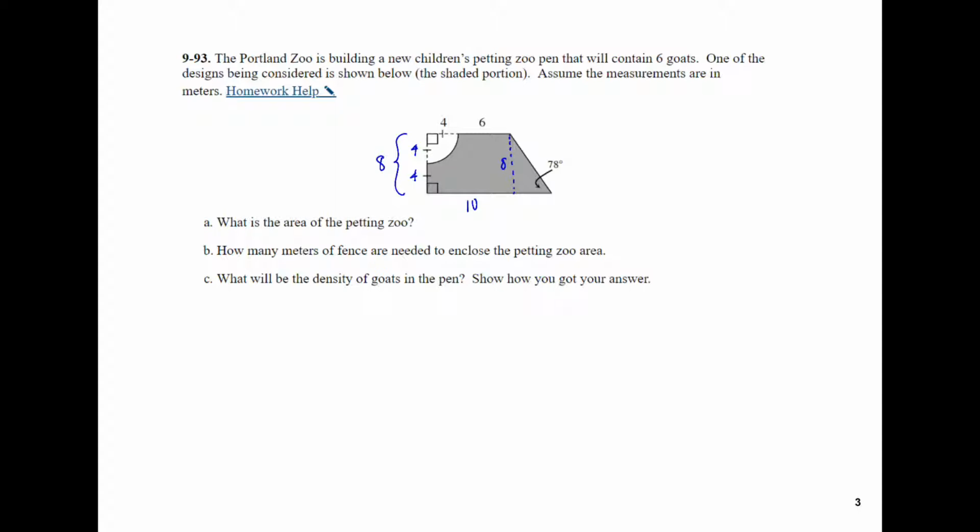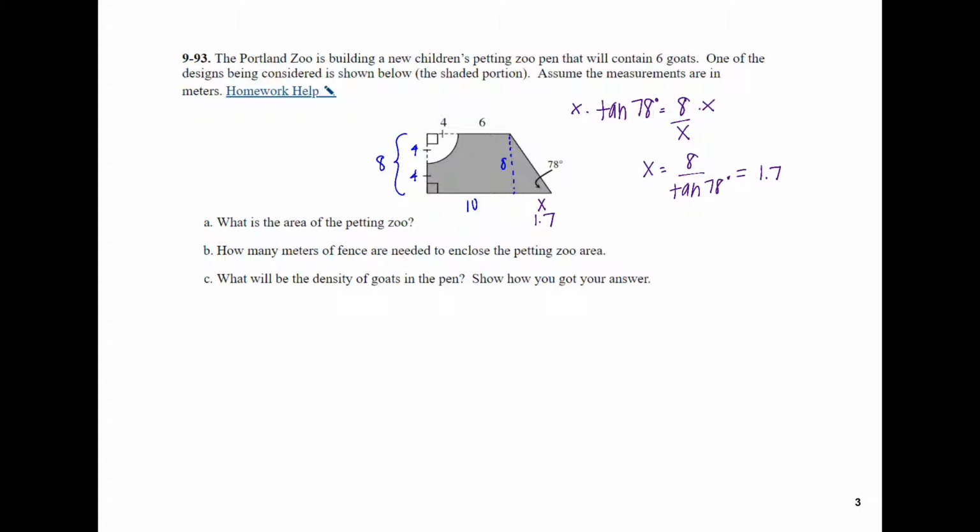So to find this missing side, we could take the tangent of 78 degrees is equal to the side opposite over the adjacent. Use inverse functions. So x would be equal to 8 divided by the tangent of 78 degrees, which equals 1.7.